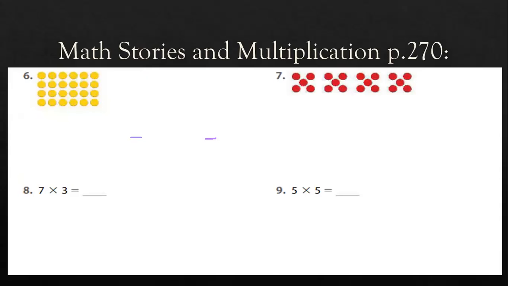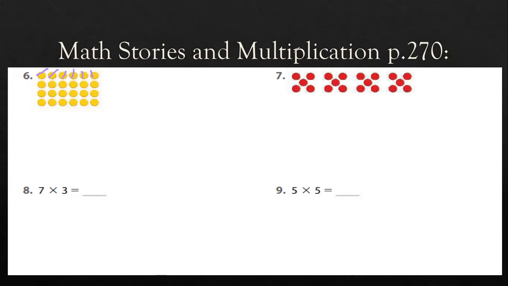Okay, and here, page 270. If we count here, we find 1, 2, 3, 4, 5, 6. So I have 6 buttons here.